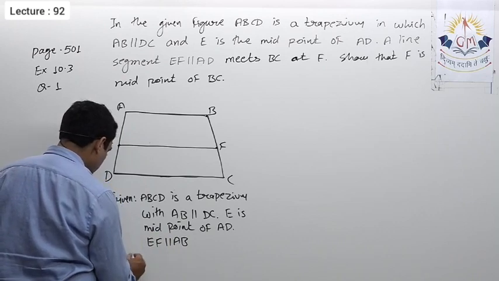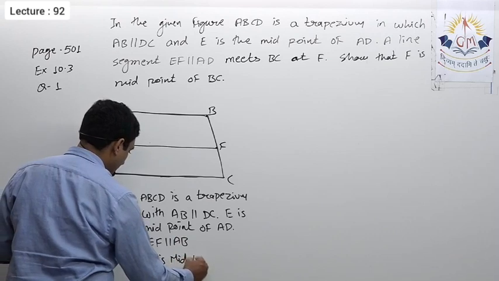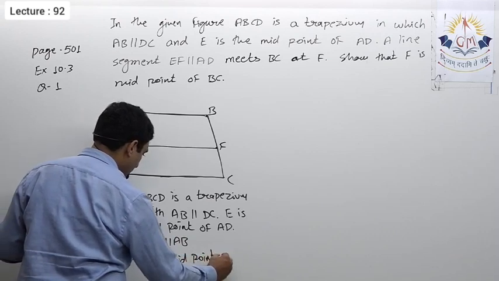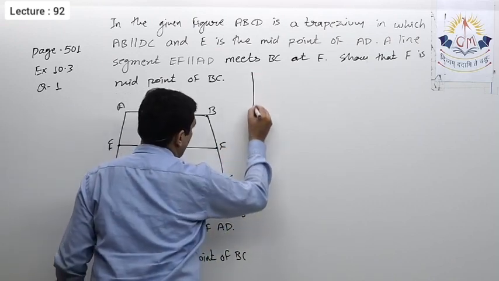To prove F is midpoint of BC. A very small construction is required over here.